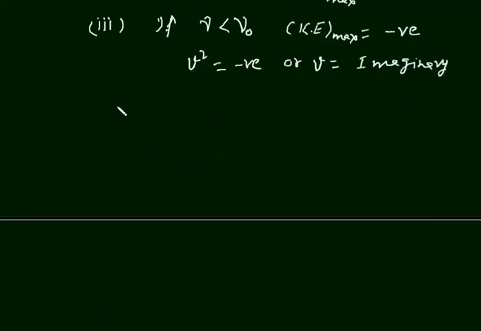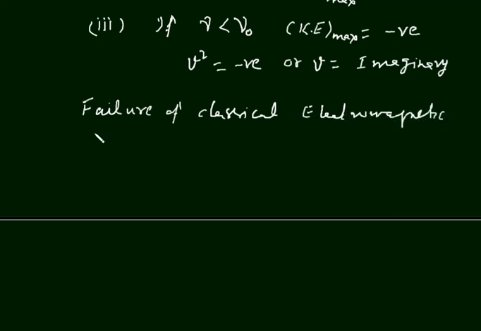Now I will discuss why classical mechanics or classical theory, which is electromagnetic wave theory, could not explain photoelectric effect. I mean, failure of classical mechanics, failure of classical electromagnetic theory to explain photoelectric effect.